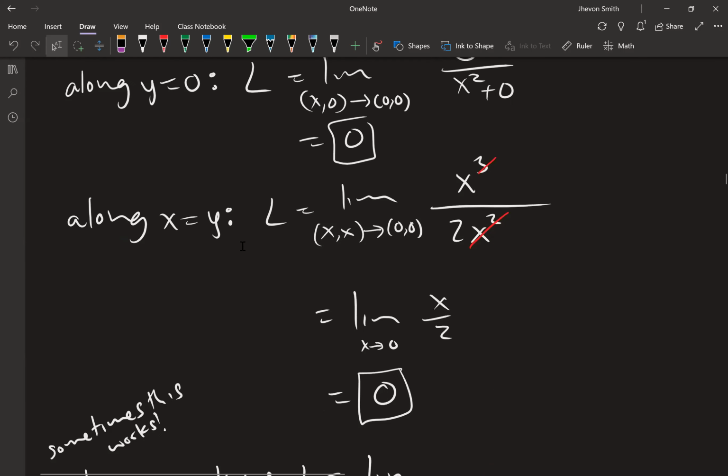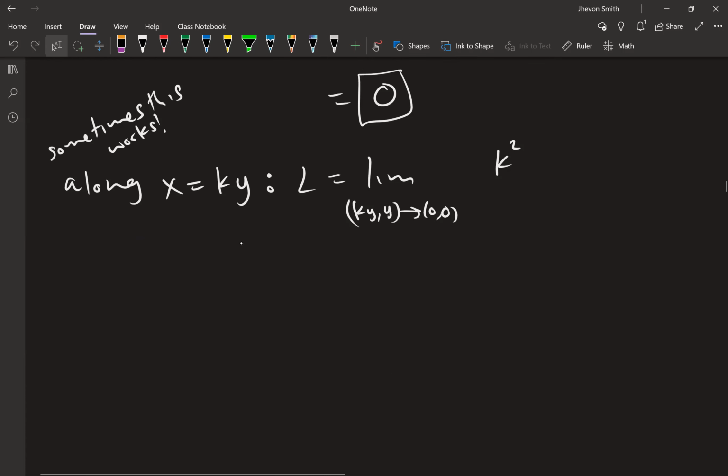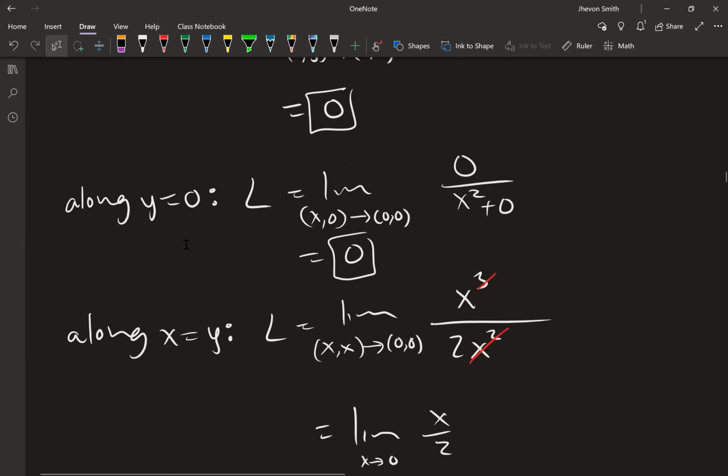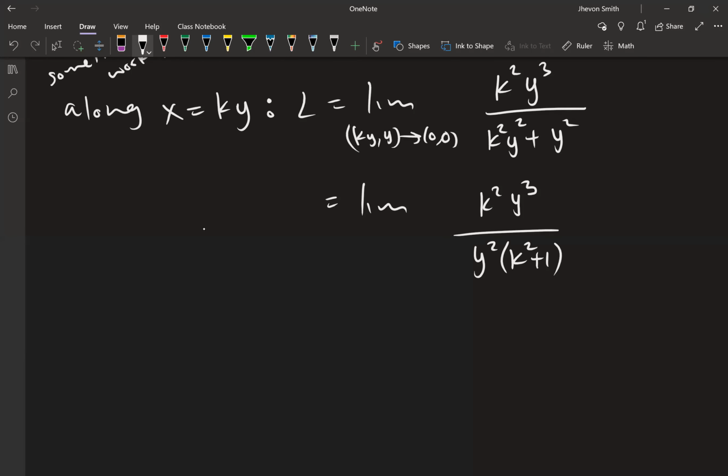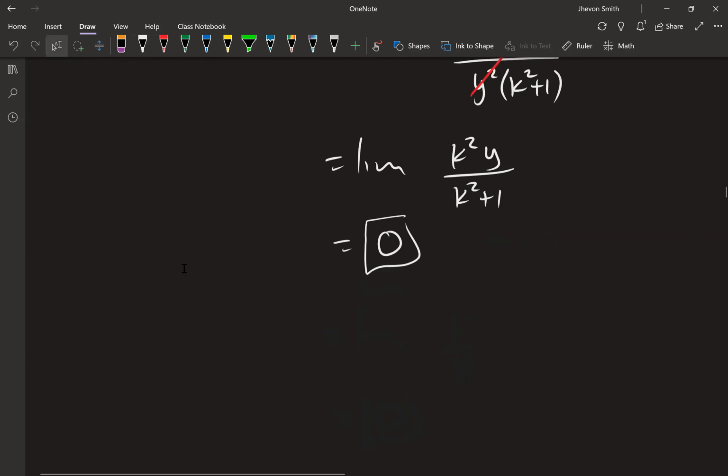So this is going to be k squared y cubed over k squared y squared plus y squared. Is this going to give us something else? Well, this is a k squared y cubed. In the bottom, I can factor out a y squared. I would get k squared plus 1. This cancels that. Nope, 0 again. Jeez.